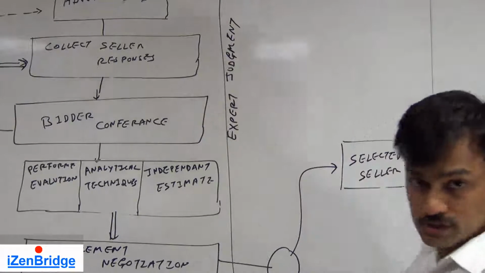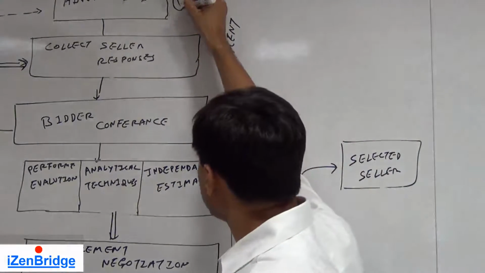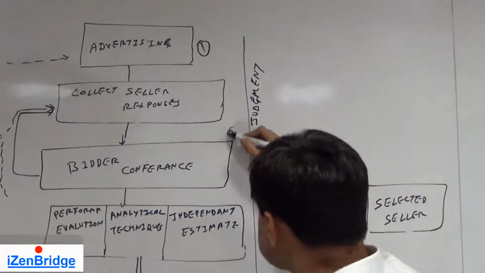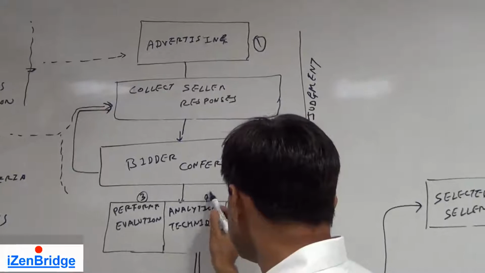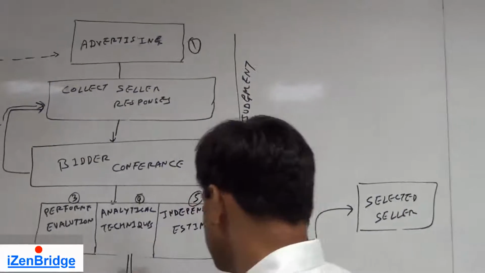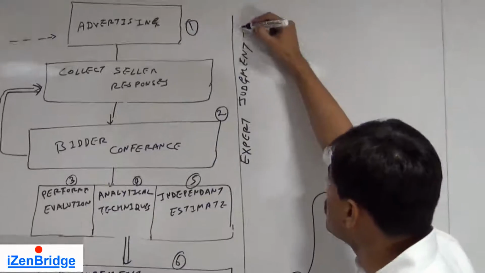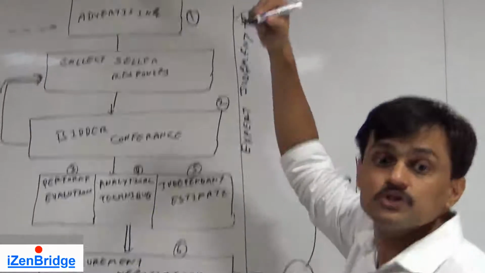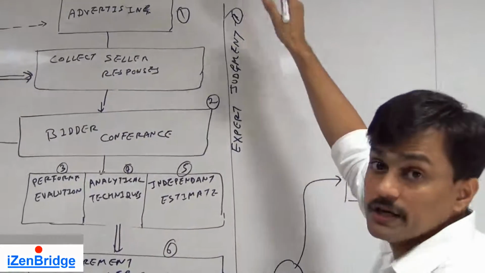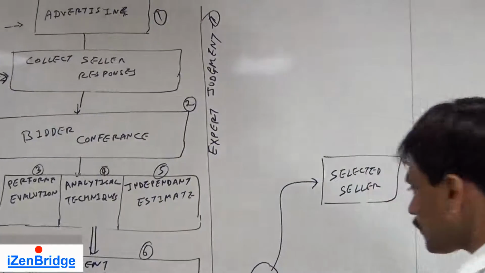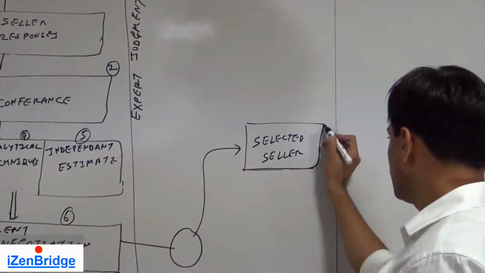So if I count the tools and techniques for conduct procurement, advertising was the one, bidder conference was the second, perform evaluation, analytical techniques, independent estimates, procurement negotiation, and that makes, and the expert judgment. So that brings the total of 7 tools and techniques for our conduct procurement. Now, at the end of it, we get the selected seller.